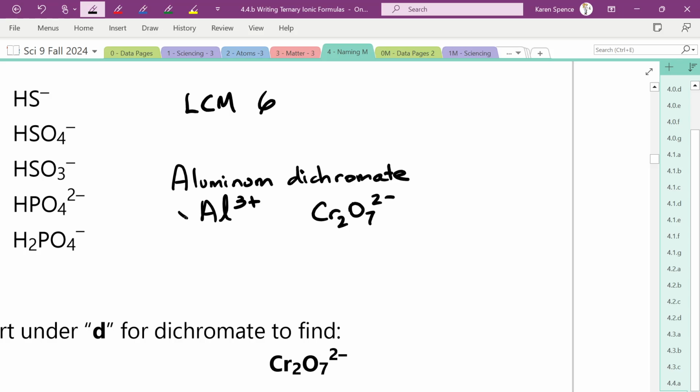What would I have to multiply aluminum by to get 6? 2. And I would need to multiply dichromate by 3. So my formula is going to be Al2. And then I have Cr2O7, and I need to have 3 of them, so I need to put brackets around it. 3. Okay?